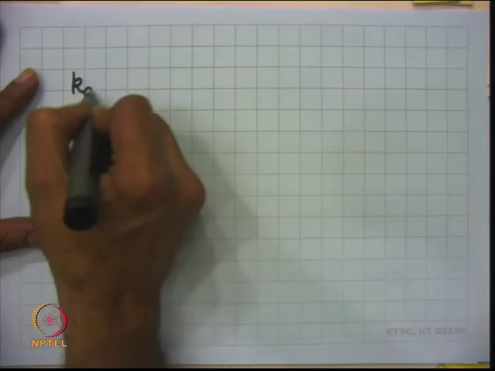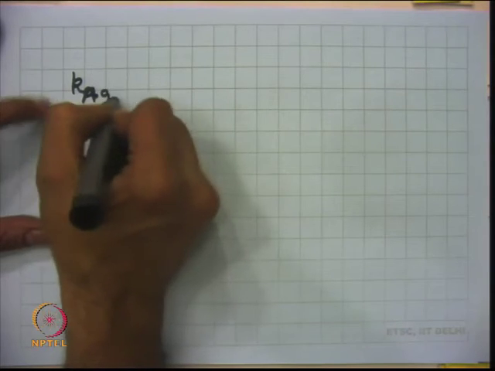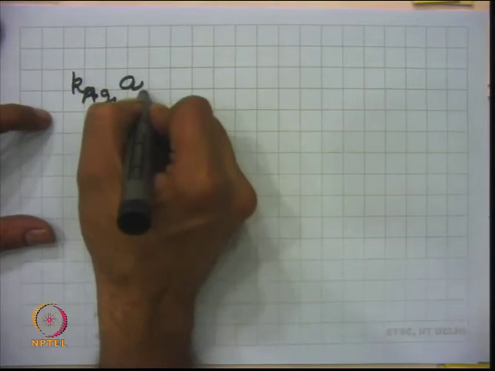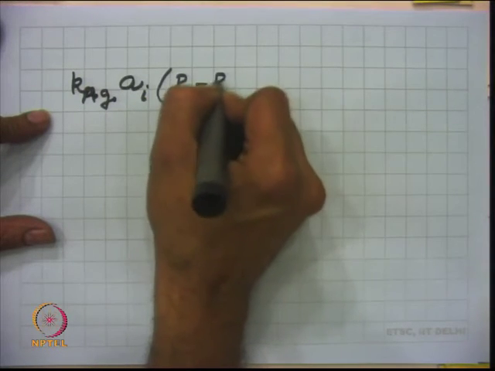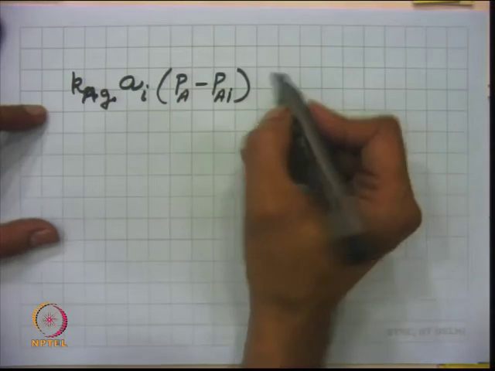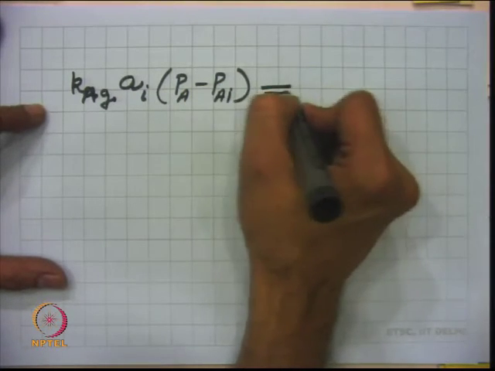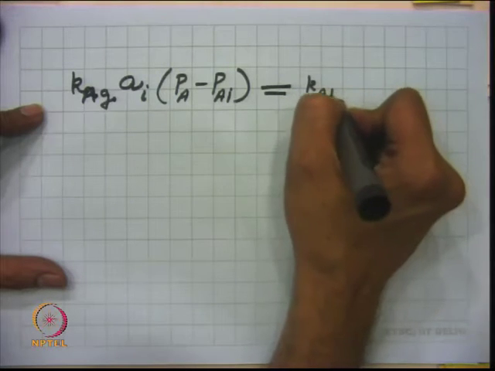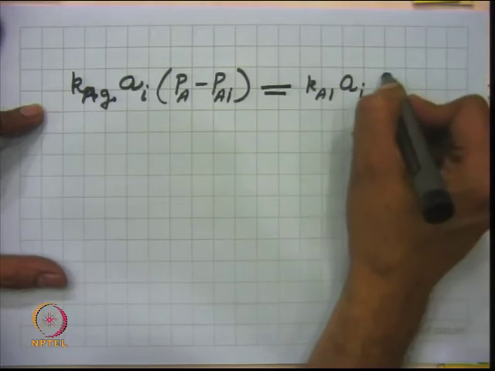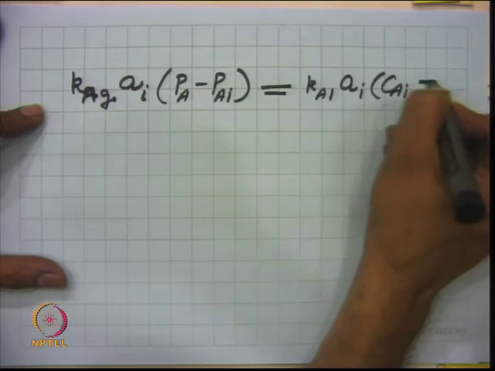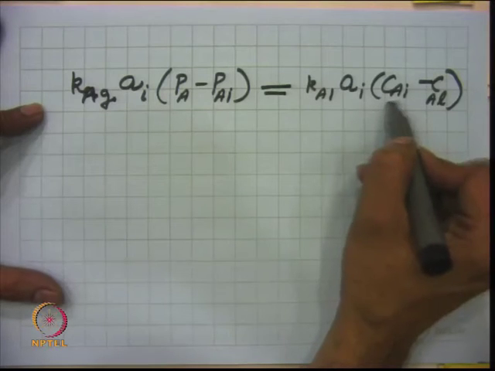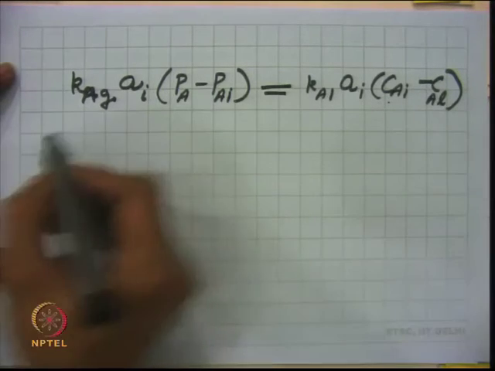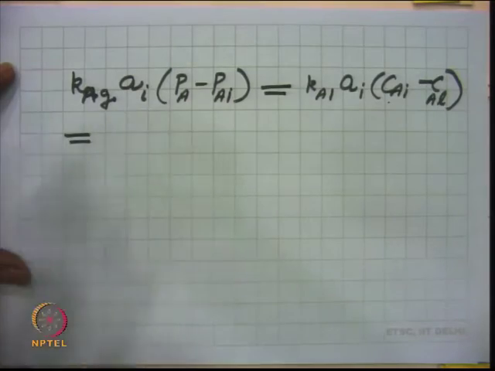K_AG, which is the mass transfer coefficient on the gas side, times A_I, which is interfacial area, times (P_A minus P_AI), this is the first step, will be equal to K_AL times A_I, again interfacial area, times (C_AI minus C_AL), which is the transfer from interface to the liquid phase, right. It will also be equal to the next step, because these steps are in series.